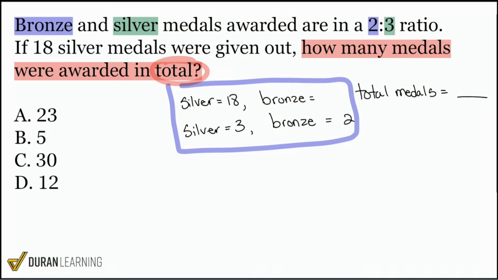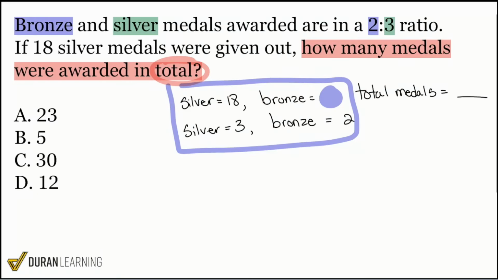And everybody, you tell me, if I were to work on this in this way and get this bronze value right over there, what am I supposed to do with that number once I get it? Yeah, once we get bronze, to get the total, we're just going to add things up. Silver plus bronze will give you that total.